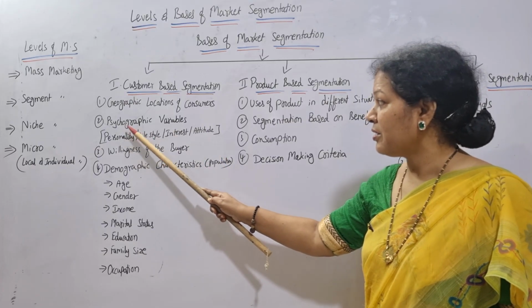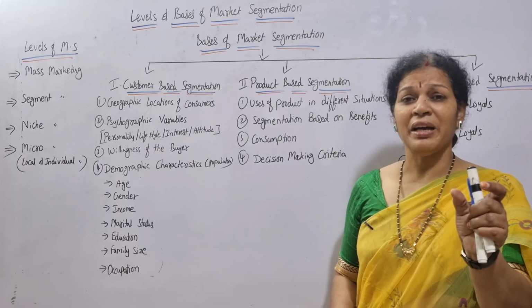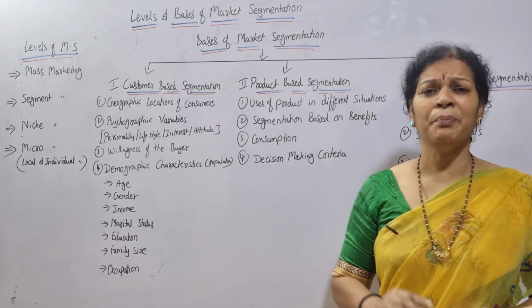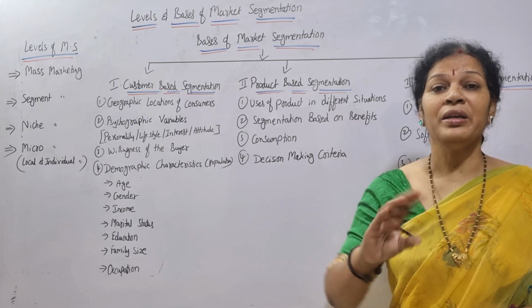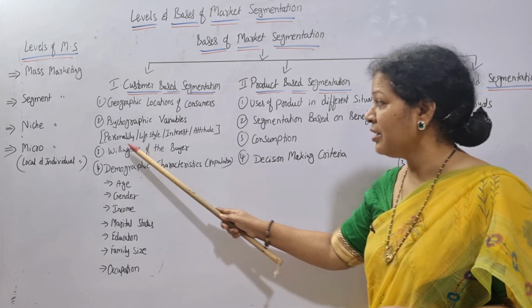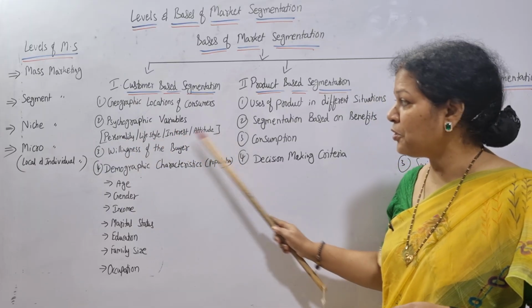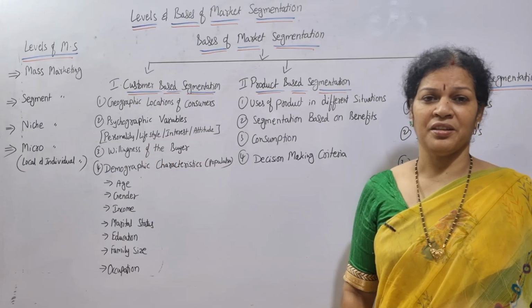Second one is psychographic variables. Psychographic variables means we are studying the individual consumer, the behavior of the consumers: how he acts, what he expects, his interests, attitude, personality, lifestyle. All these things we consider.